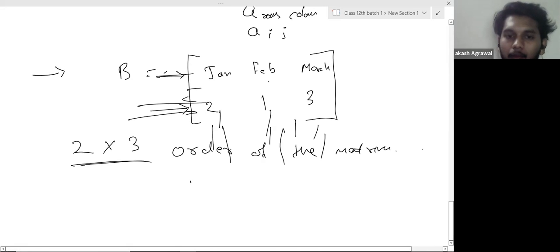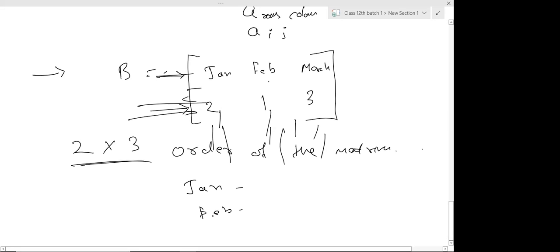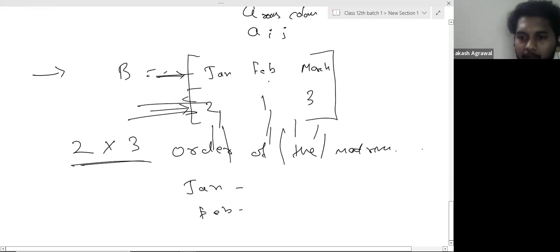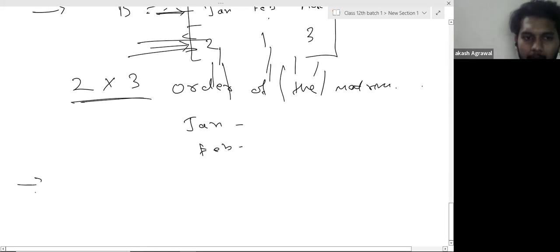Now for each element, how can we represent January, February, March, and so on? Write it down. I'll give you 2 minutes. You can write the definition of order of matrix also.